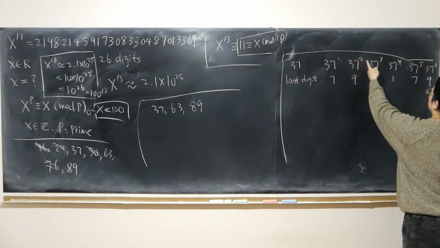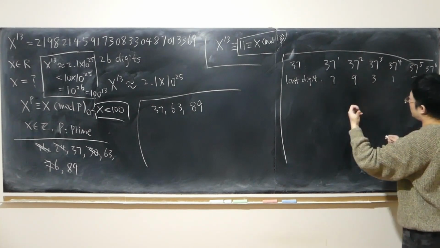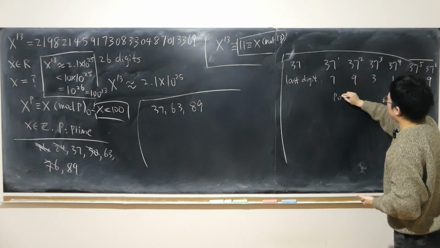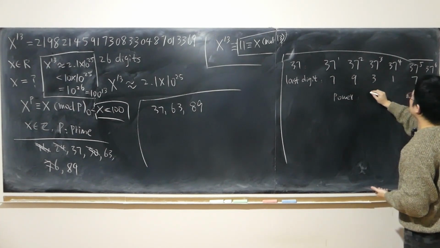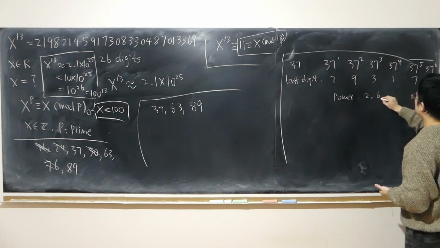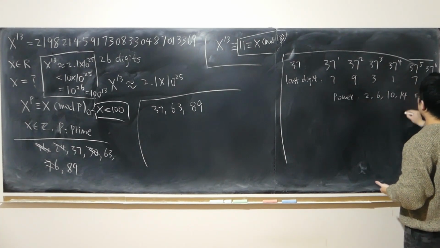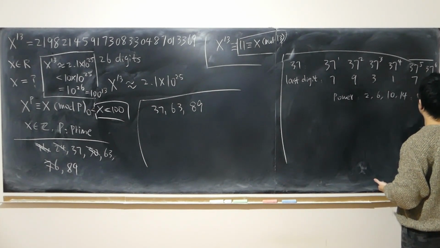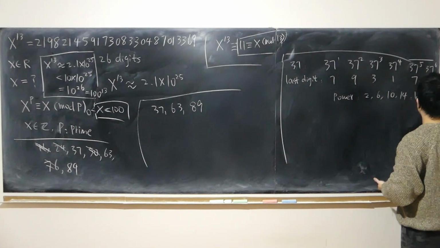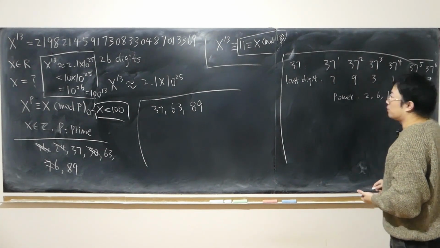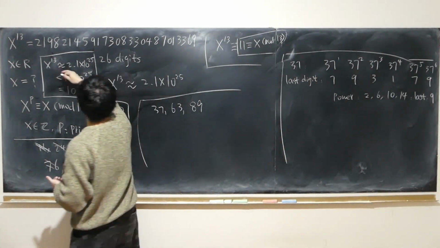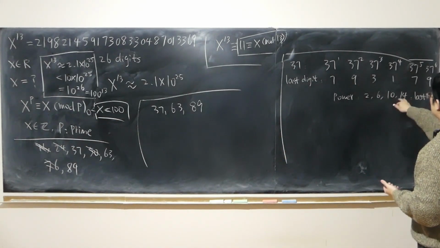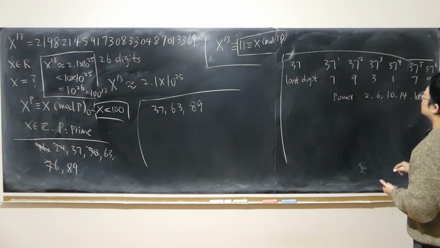So power of 2, power of 6, power of 10, power of 14. That's when the last digit is 9. But we need power of 13, and the last digit 9 is impossible. Right? This is impossible.